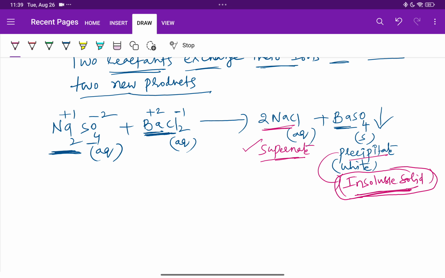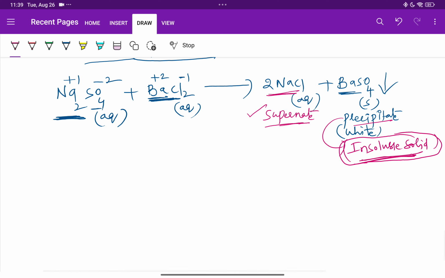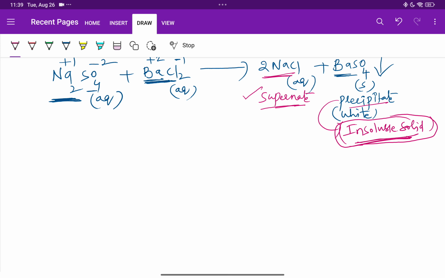And a second equation I am going to give you: AgNO3 silver nitrate, which is aqueous, and sodium chloride, which is aqueous. Silver is having +1, nitrate is having -1, sodium is having +1, chlorine is having -1.